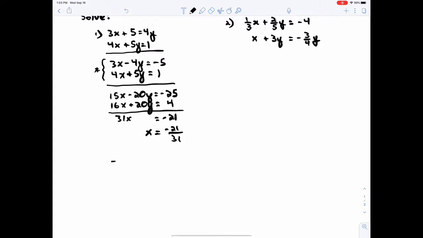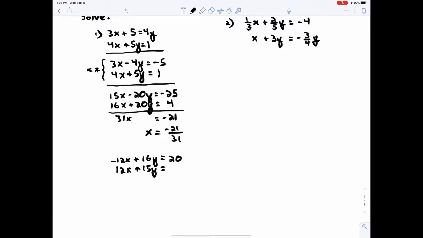So that's negative 12x plus 16y equals 20. So I multiplied everything by negative 4, again starting at this step right here. And on the bottom, I'm going to multiply everything by 3. So that's going to be 12x plus 15y.